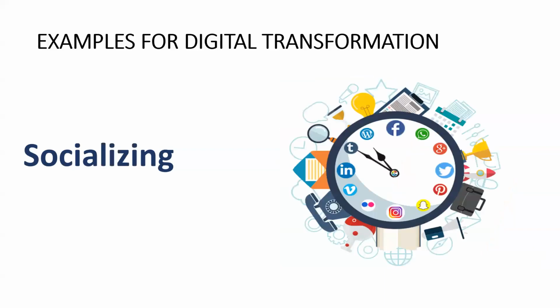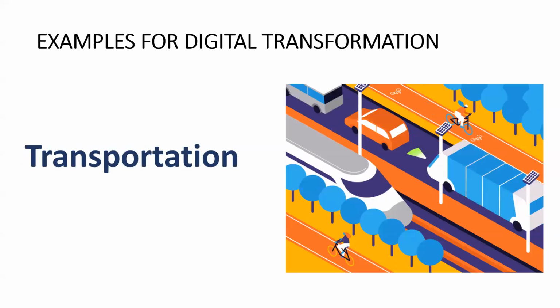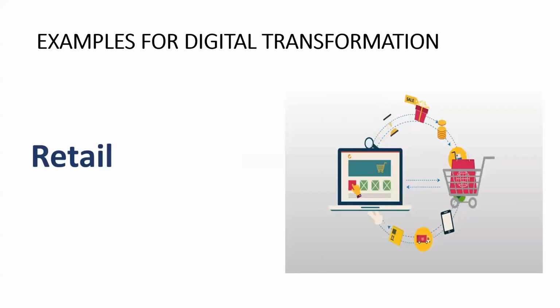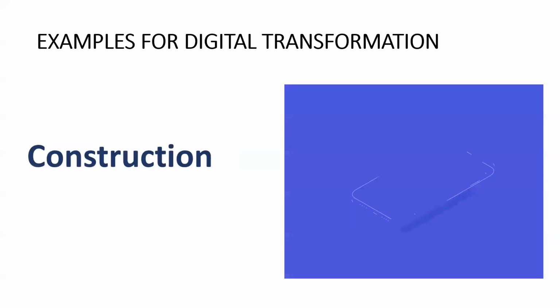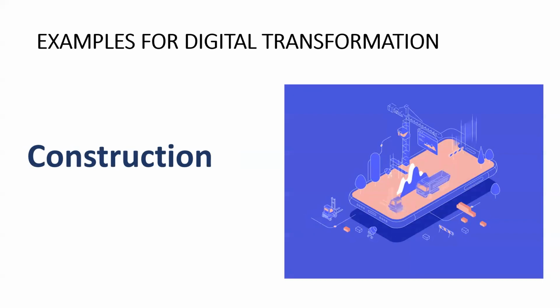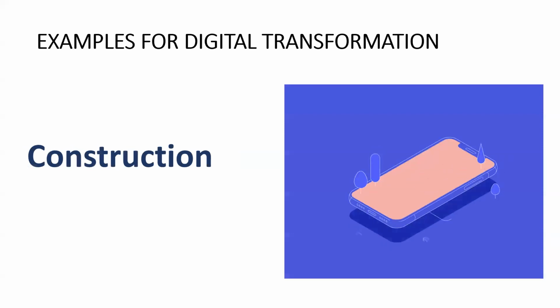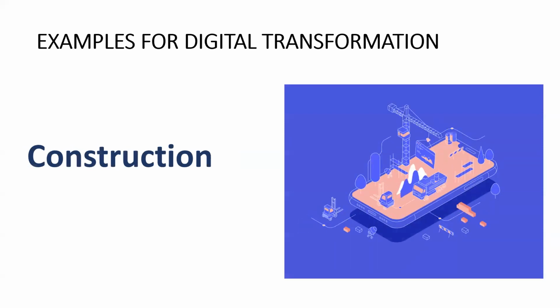Then socializing: we have Facebook, Instagram, WhatsApp, Snapchat, a lot of social media platforms. Transportation and the retail industry have adapted to digitalization vastly. Then our construction industry: we have drone technology, LiDAR, AI technology, building information modeling. So the construction industry is also a well digitalized industry.